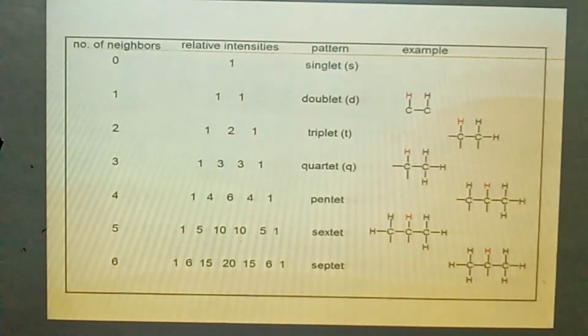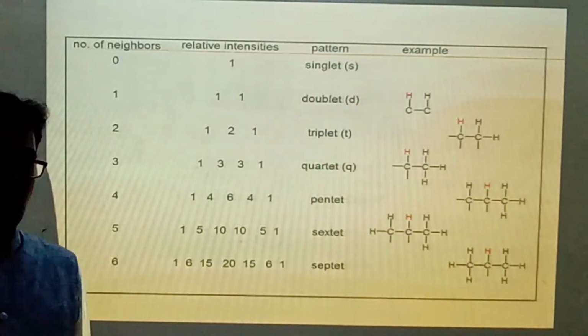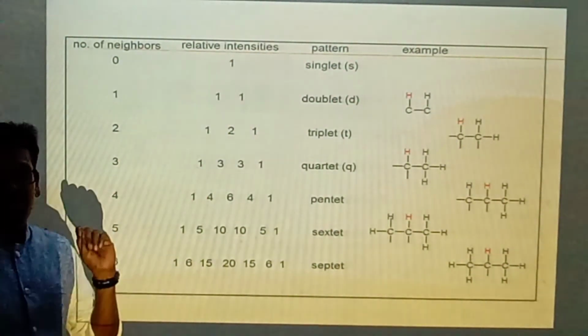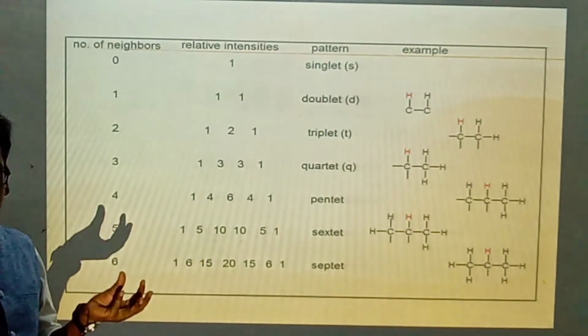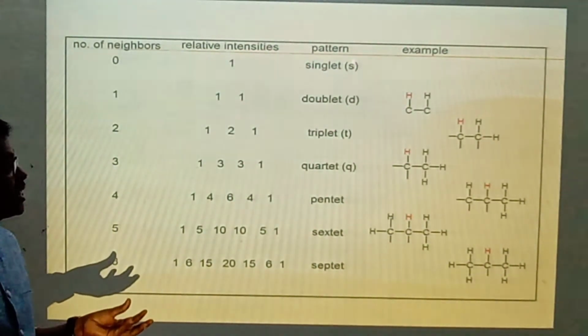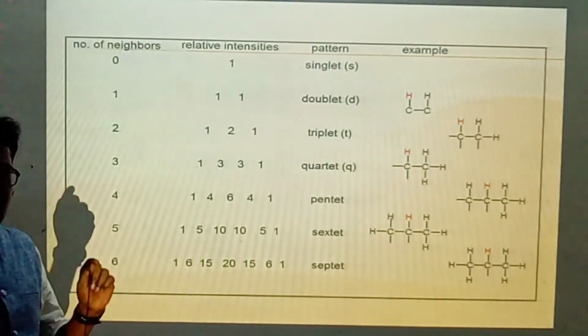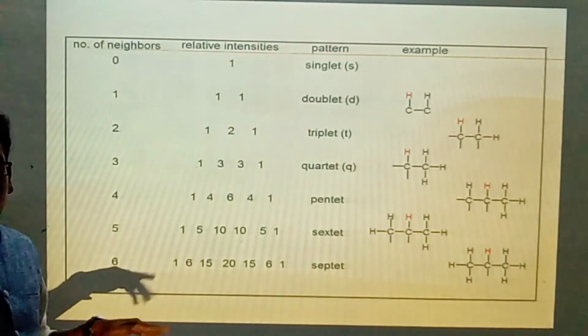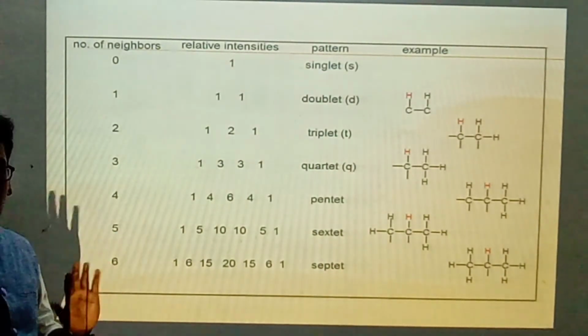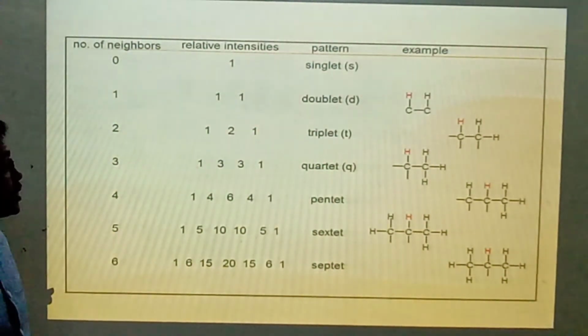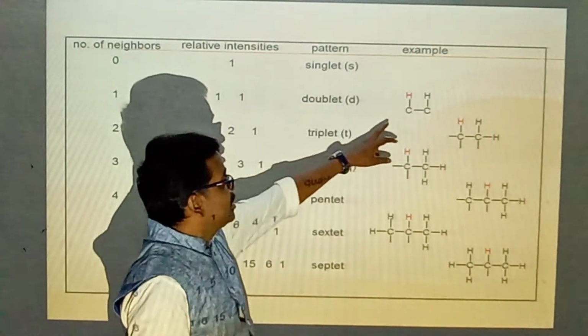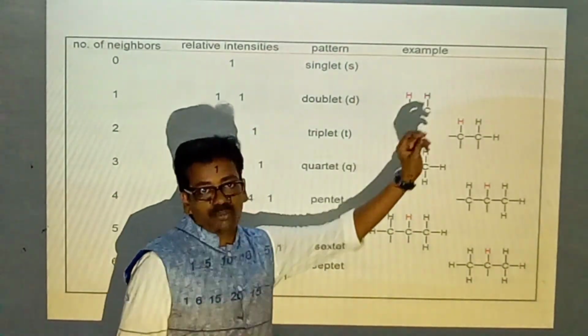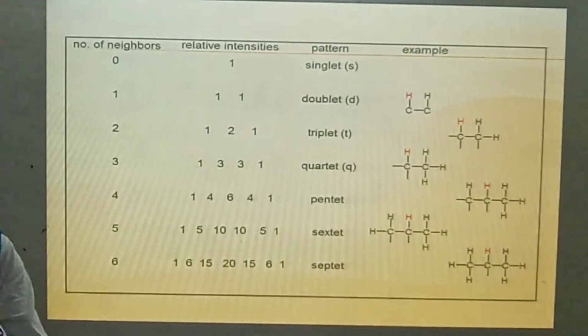For example, if we have only a methyl group alone, all the hydrogens are placed on the same carbon, so all are in the same environment, and they will appear in the form of a singlet, designated as S. Singlet means we get only one single peak, with no splitting. And if your hydrogen is on a carbon next to a carbon containing a proton, then that proton is called a neighboring proton.